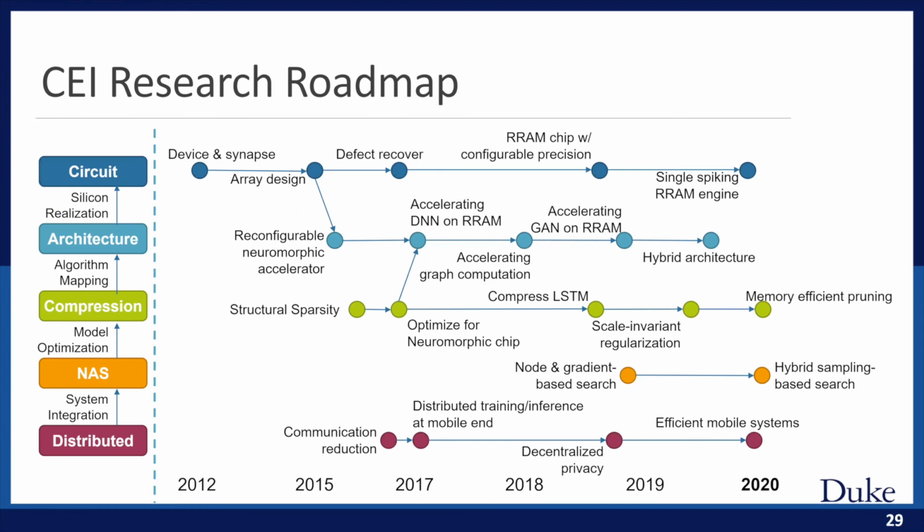Finally, let me present the research roadmap in our lab. I know many of the students in Taiwan have a very strong circuit and architecture background. Our team, in fact, has been extensively working on the circuits and architectures related to AI applications and hardware.